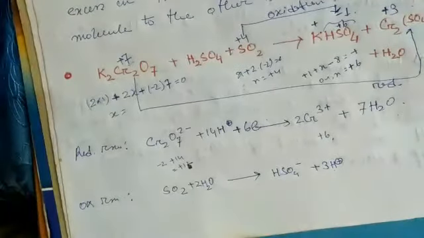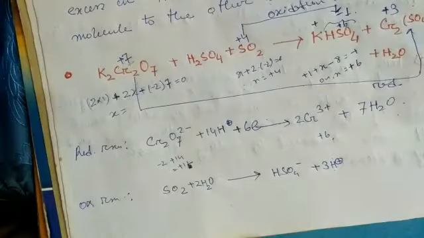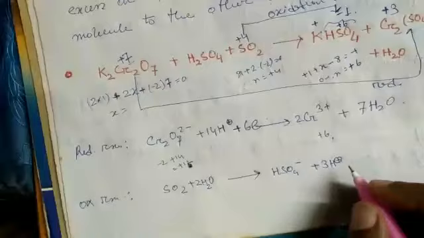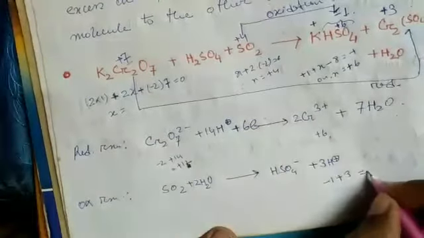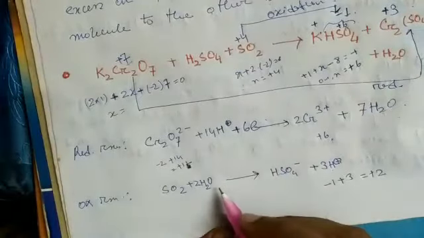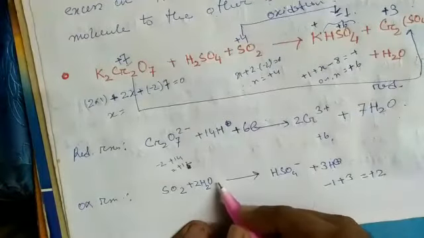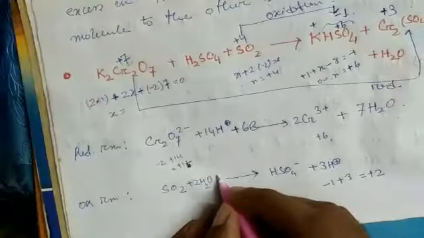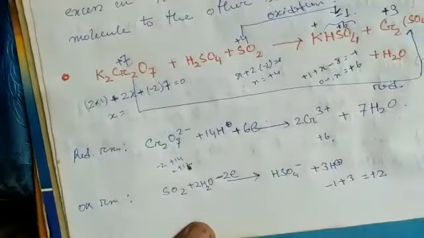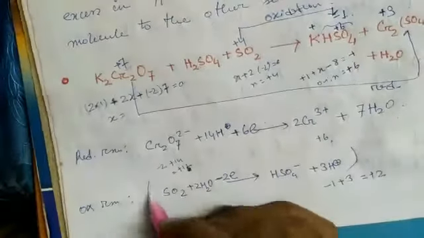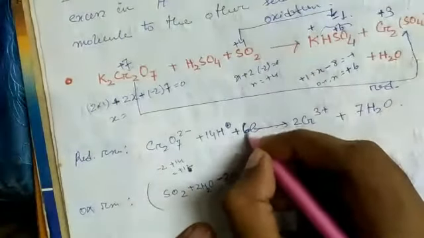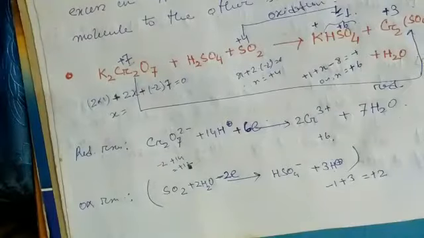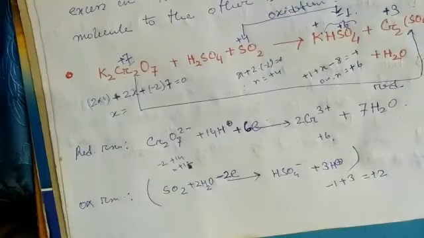Now we have to equalize the number of charges on both sides. Here the total charge is -1 plus 3, that is plus 2, so we have to remove 2 electrons from this side, that is 2 electrons. Here there are 2 electrons and here 3 electrons, but in a redox reaction the number of electrons exchanged will be the same.